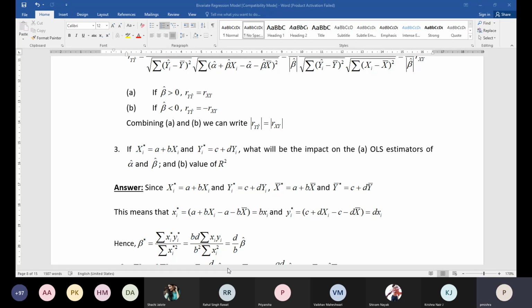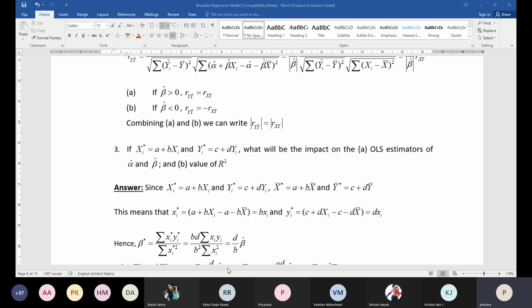Like we talked about in one of the classes, for testing significance of the overall model, we'll be using F-stat, and for individual coefficients, we'll be using T-stat. So this testing of hypothesis, we'll start discussing from Monday onward. And in today's class, I'll complete the estimation part.